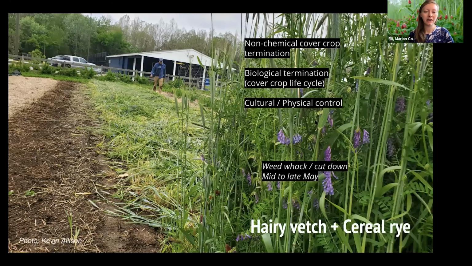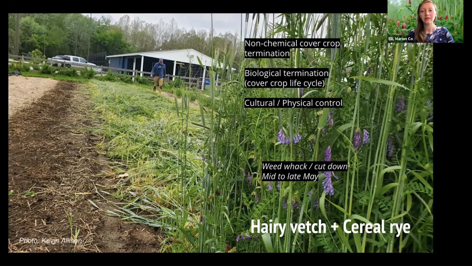On a little bit larger scale, this shows an entire row of vetch and cereal rye cut down, and because this is being done biologically rather than chemically, the farmer cut it when, in this year, the cereal rye was starting to go to flower at around the same time that the hairy vetch was going to flower, which doesn't always happen.